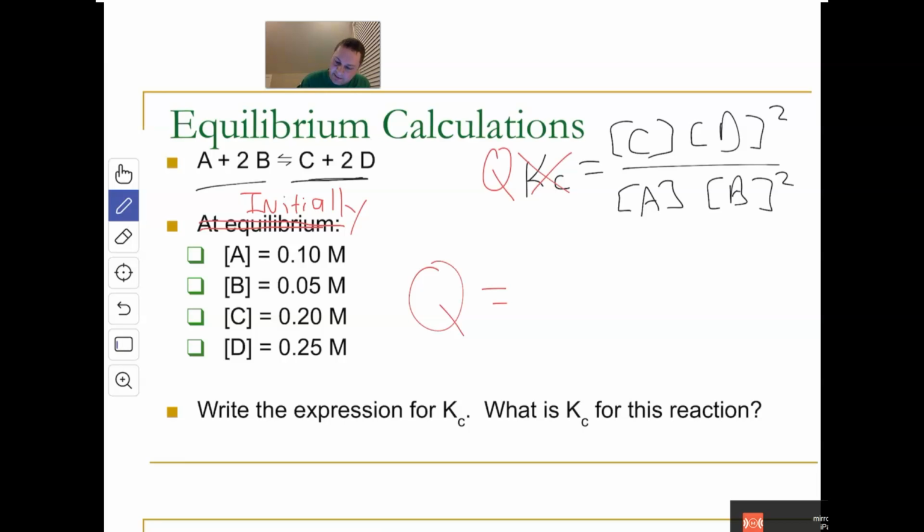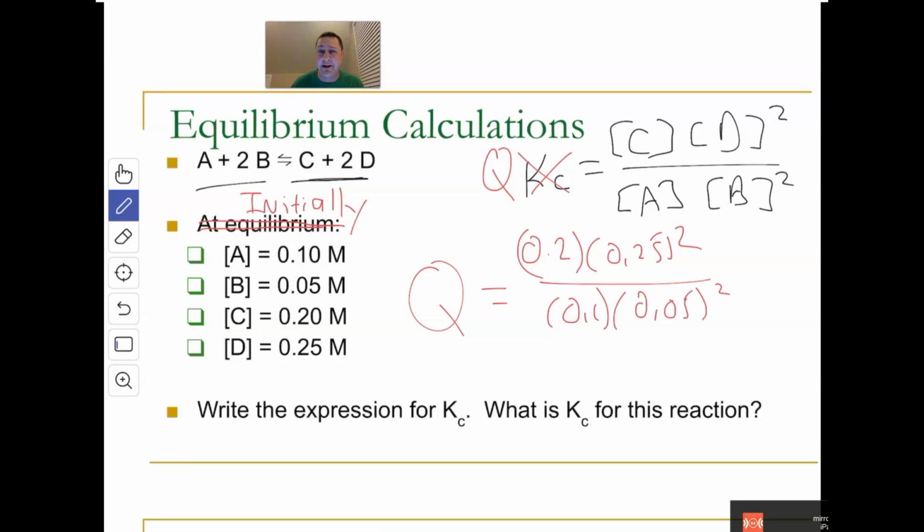I could plug in my values, 0.2, and then 0.25 squared for D, with 0.1 on the bottom and 0.05 squared. If my memory serves me right, I believe this was 50. I'm not using a calculator, so forgive me if I get the answer wrong.